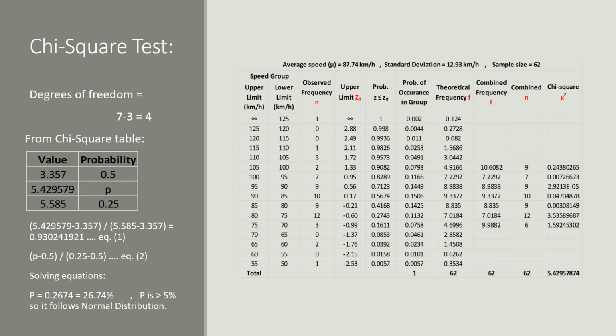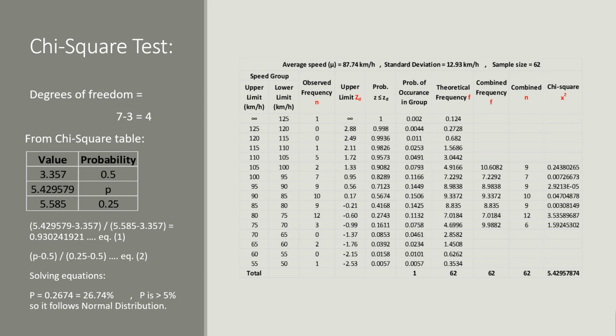After combining the groups which have theoretical frequency less than 5, we have 7 groups. So we found the degrees of freedom from the number of groups after combining. With 7 minus 3, we have got 4. The chi-square value is 5.429. So using the chi-square table, we found that this value is between the probabilities of 0.252 and 0.5.